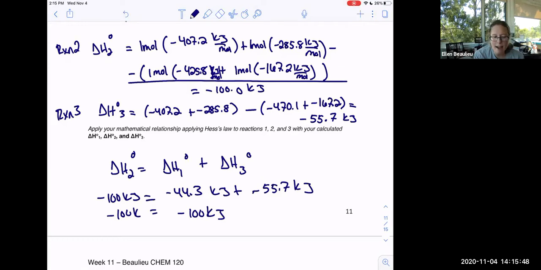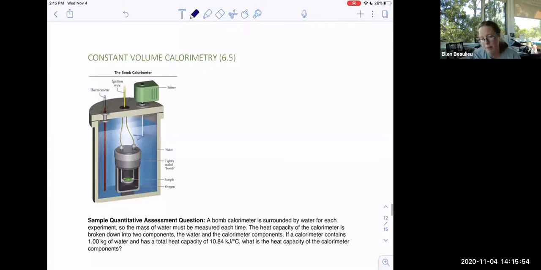I'm going to put a bomb calorimetry video up on the recap page. That's the last topic in this worksheet that I wanted to talk about. Don't make that your highest priority. We just talked about Hess's law and calorimetry, and that's really applied in the lab. So make the lab your first priority. Come back to bomb calorimetry at the end.